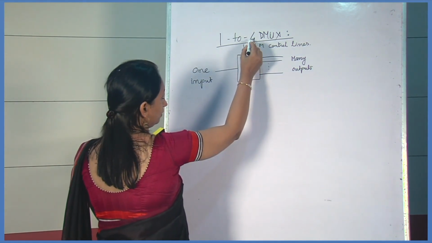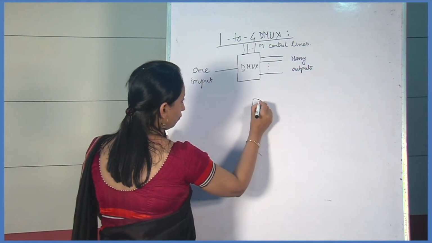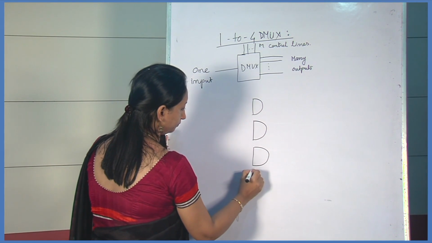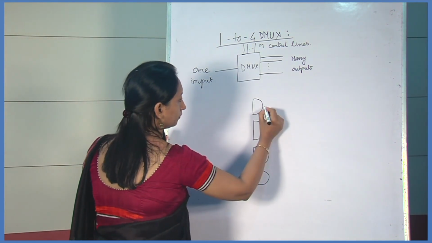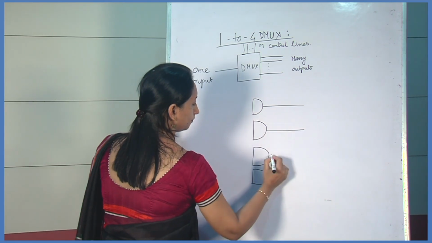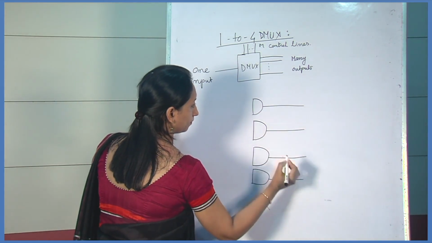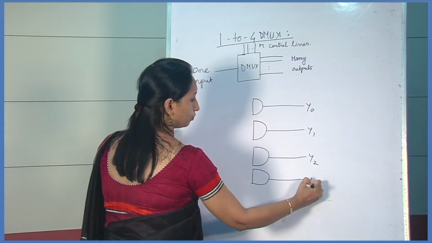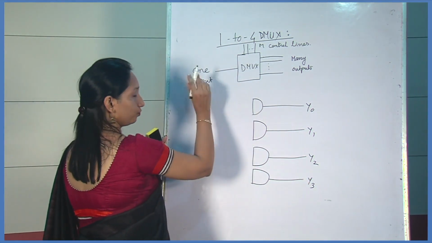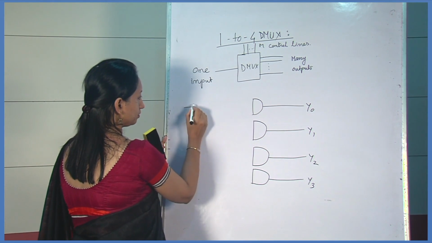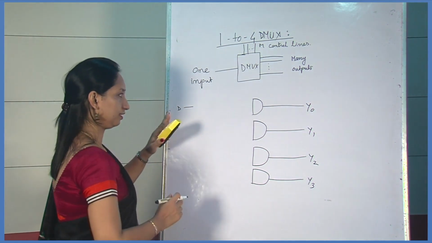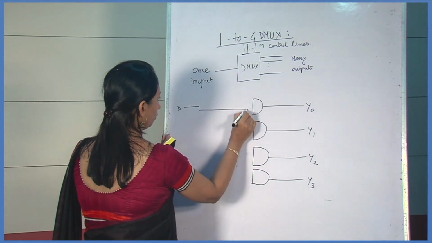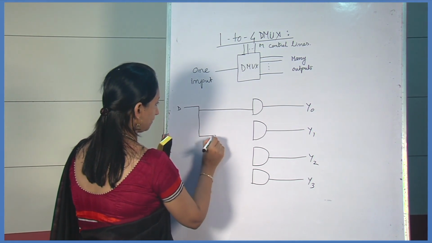Since there are 4 outputs, there are 4 AND gates. Suppose the outputs are Y0, Y1, Y2, Y3, and one input, suppose this is the D input, D is the data input, and it is applied to all the AND gates.